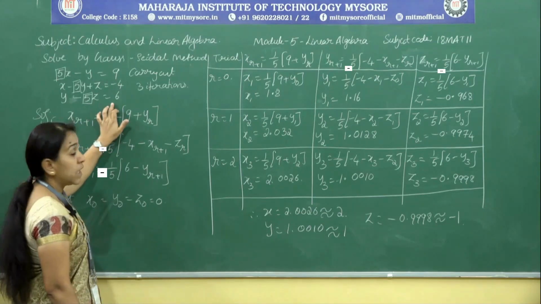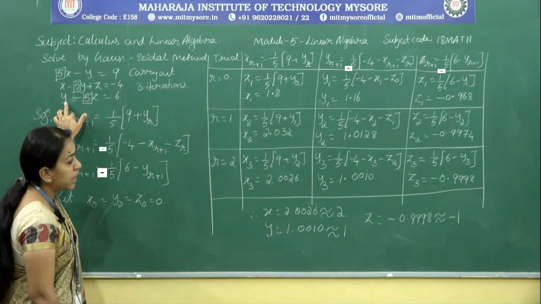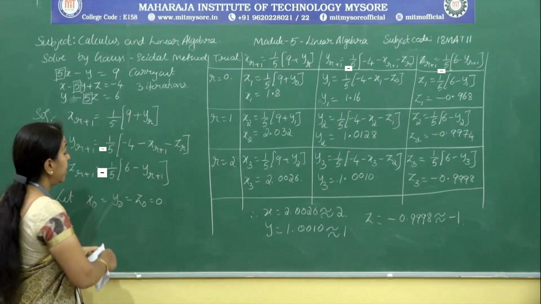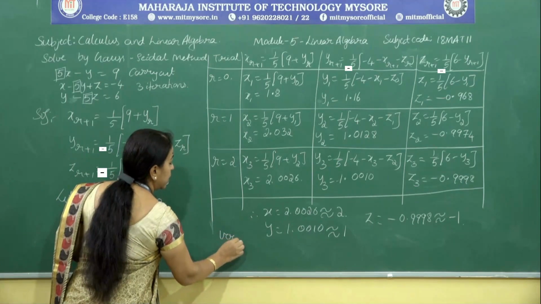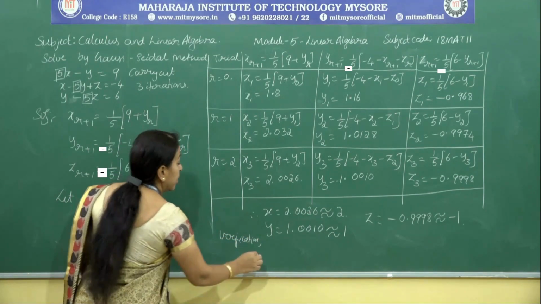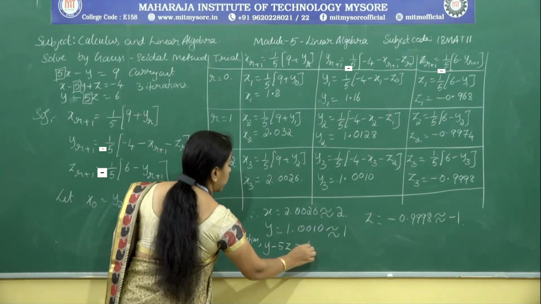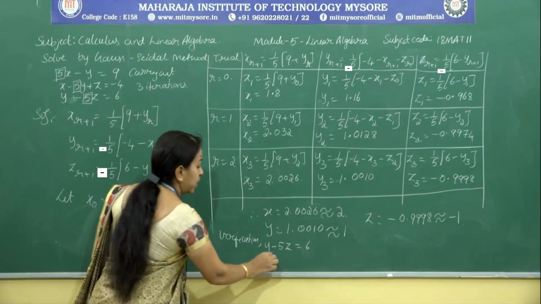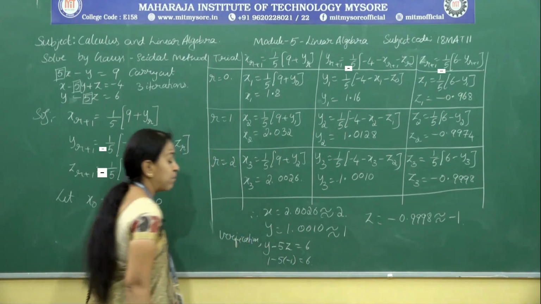So if I substitute in the last equation, we have y equal to 1 and z equal to minus 1, right. So I will substitute in the last equation, that is the verification part. Consider y minus 5z equal to 6. So y is 1 and z is minus 1, so we have 6.